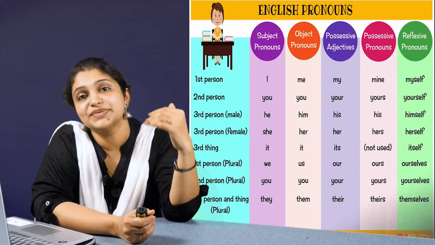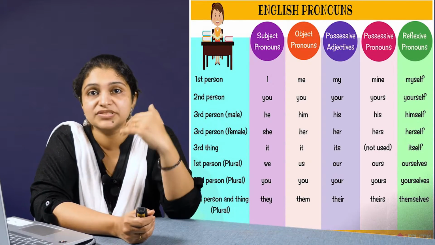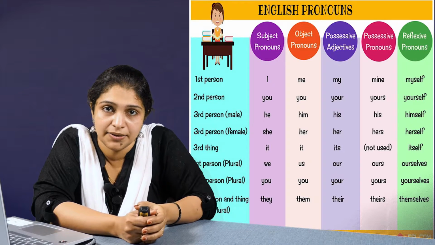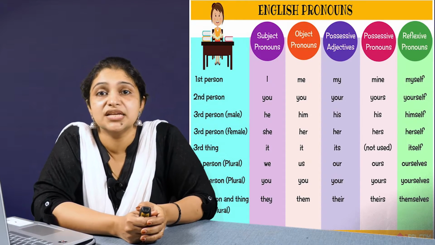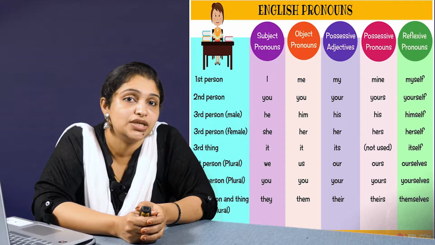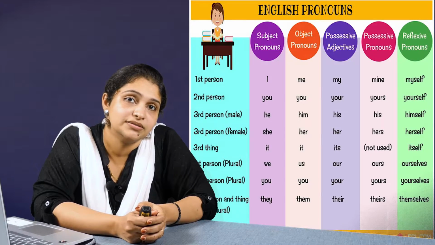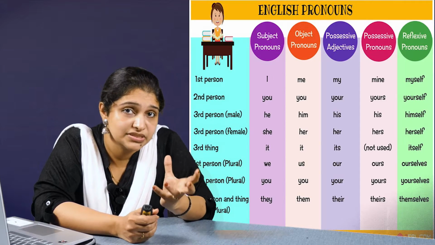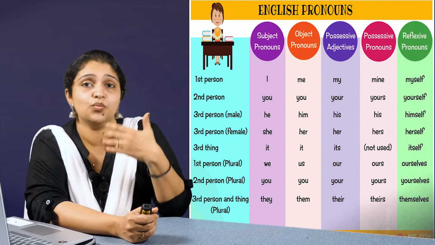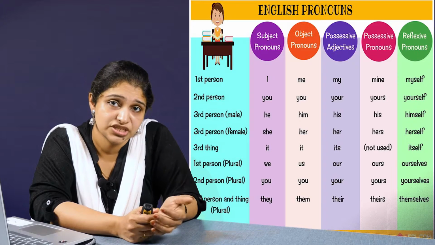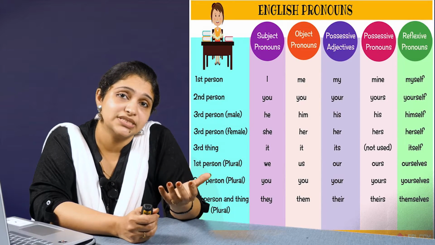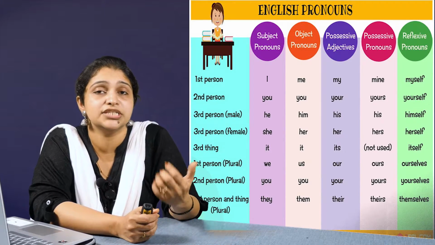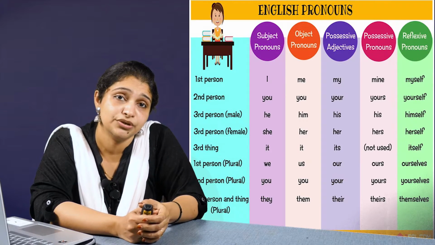So, pronouns which are used in the place of a subject, for example, I, you, he, she, it, we, you, they, are called the subject pronouns. Pronouns used in the position of object, we shall see what a subject is, what an object is, in detail in the upcoming videos.